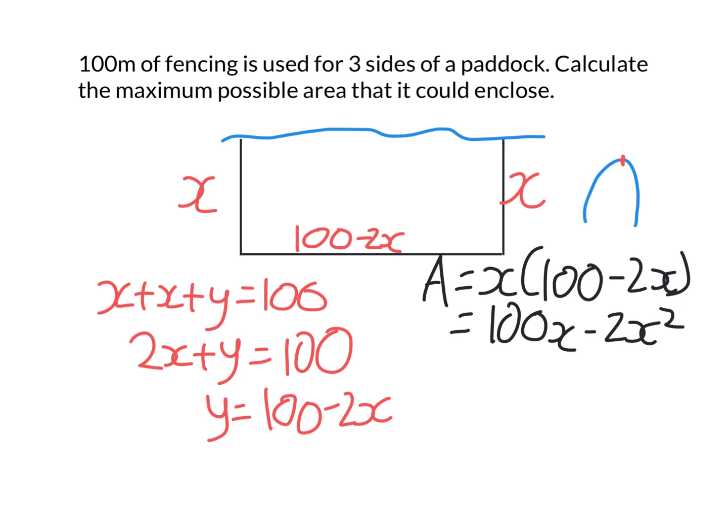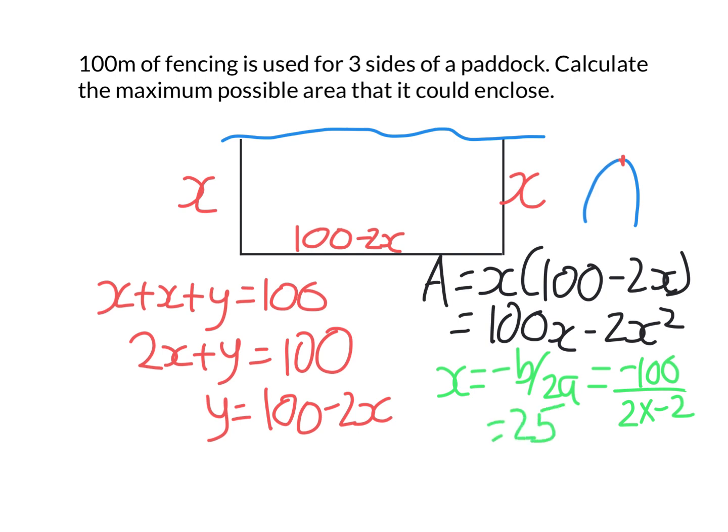Now, we could complete the square here and find the turning point, but it's probably easiest just to use the turning point occurs at x equals minus b over 2a. So it occurs at minus b, which is minus 100, over 2 times a. B is always the coefficient of x. If you put that on your calculator, you get 25.